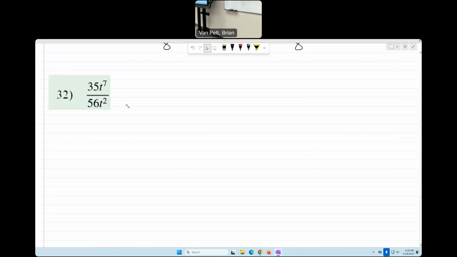Positive exponents only is permitted. Now, in your simplifying, don't forget to simplify the 35 and the 56 also.